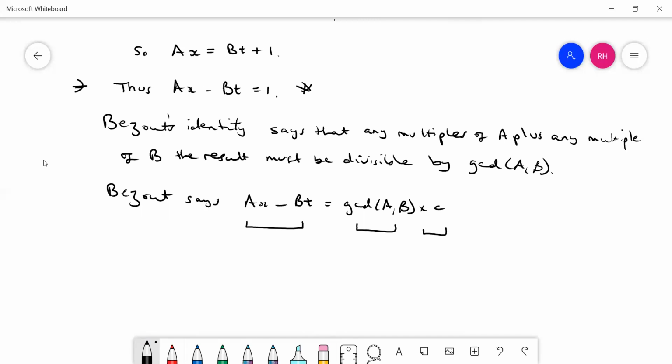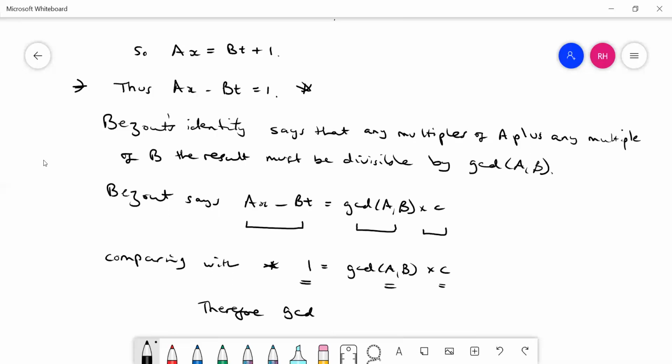Comparing with that equation, 1 is equal to the GCD of A and B times C. Well, if 1 is a multiple of the GCD times some number, that must mean, therefore, the GCD of A and B must equal 1.